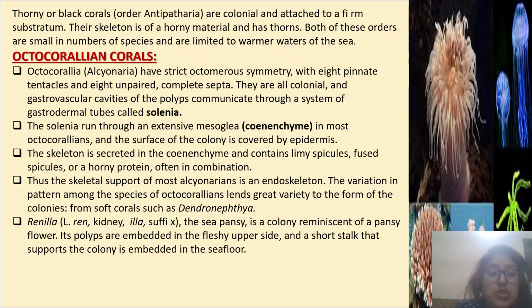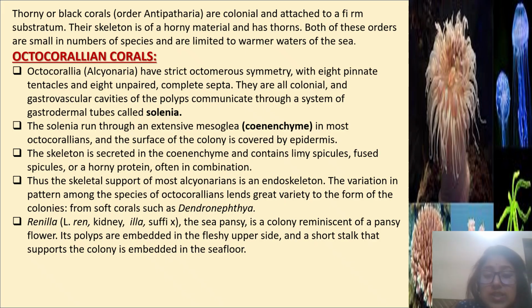The solenia run through an extensive mesoglea in most octocorallians, and the surface of the colony is covered by epidermis. The skeleton is secreted in the coenenchyme and contains limy spicules, fused spicules, or a horny protein, often in combination.